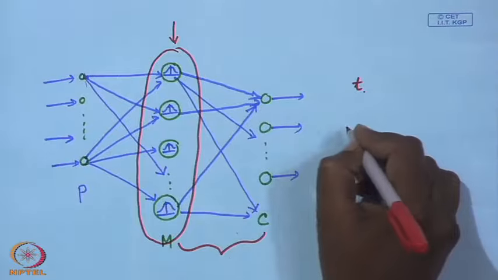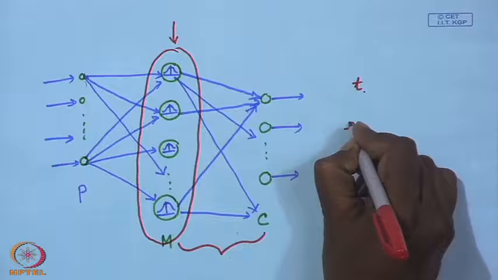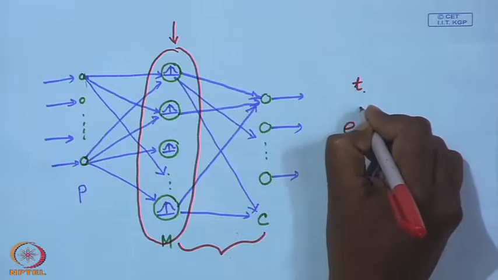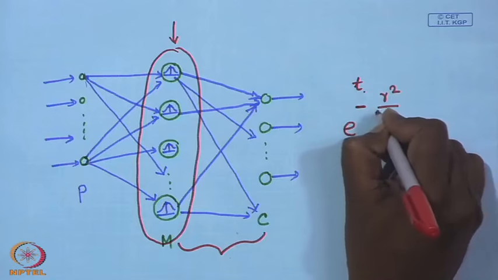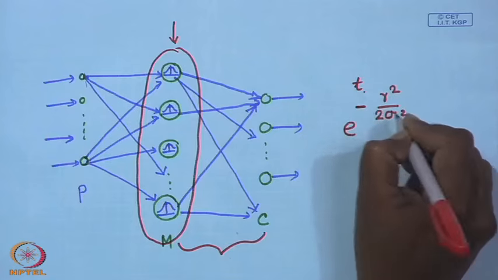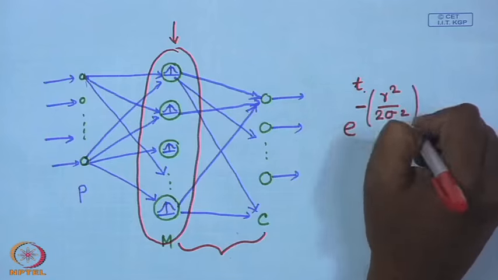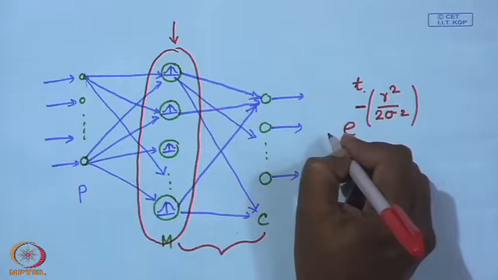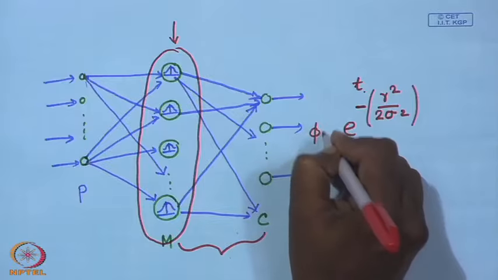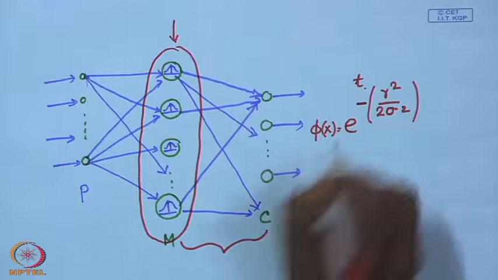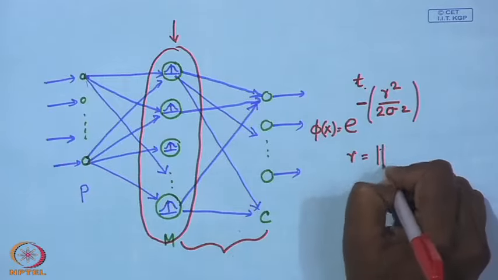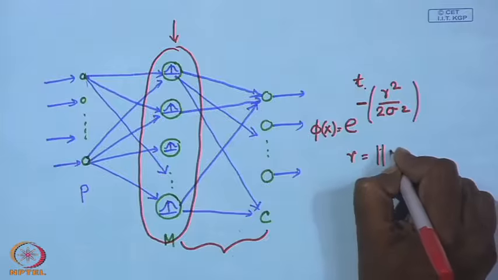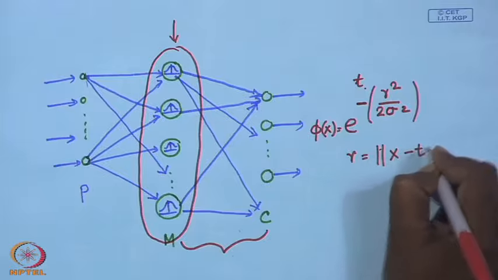And then if I use the Gaussian function, the radial basis function is of the form e to the power minus r square upon 2 sigma square. So, that is my phi of x, where r is nothing but the distance between x and t.